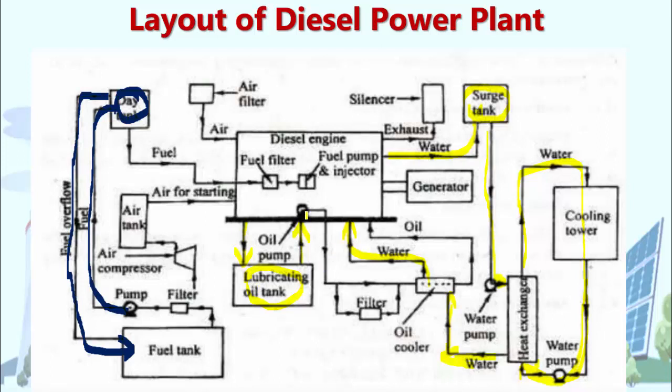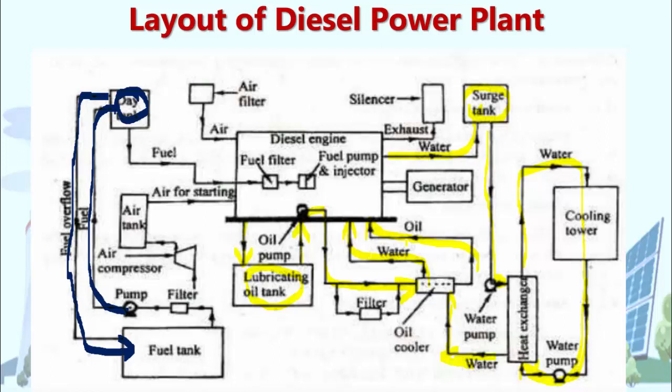So this hot lubricating oil is sent to the oil cooler, and from here it is again supplied to the diesel engine. This is the other auxiliary circuit. That is, the first auxiliary circuit is the cooling water circuit, the second auxiliary circuit is the lubricating oil circuit.